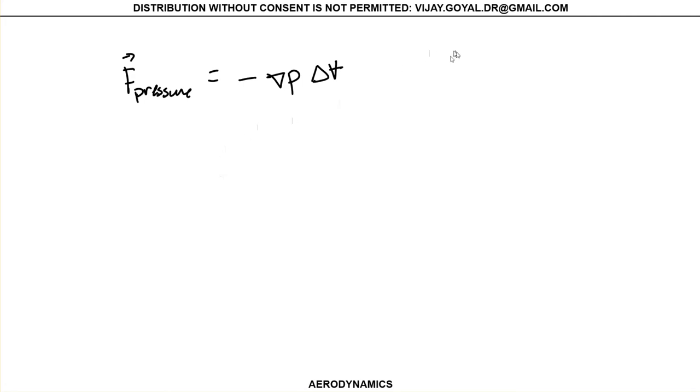Just as a reminder, don't forget that this is in Cartesian coordinates. This is actually a vector, so that's why you get a vectorial notation.